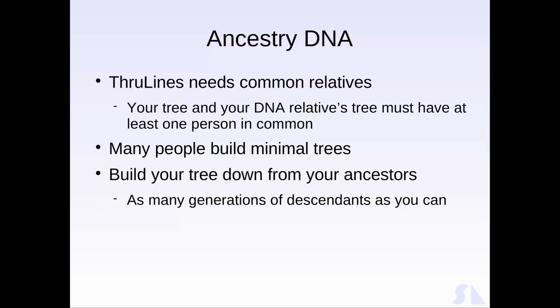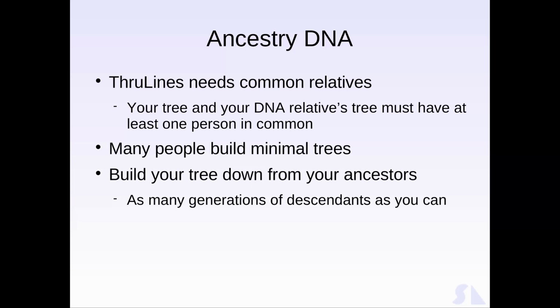So if they're a third cousin, and all they listed was their parents and maybe their grandparents, and all I build in my tree is my ancestors, we're not going to have anybody in common. ThruLines won't be able to connect up because there's nobody that's in my tree and their tree.